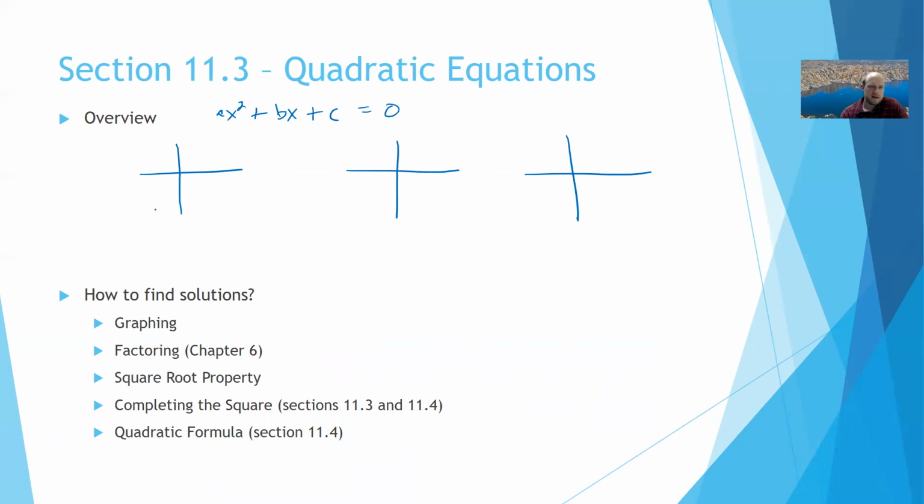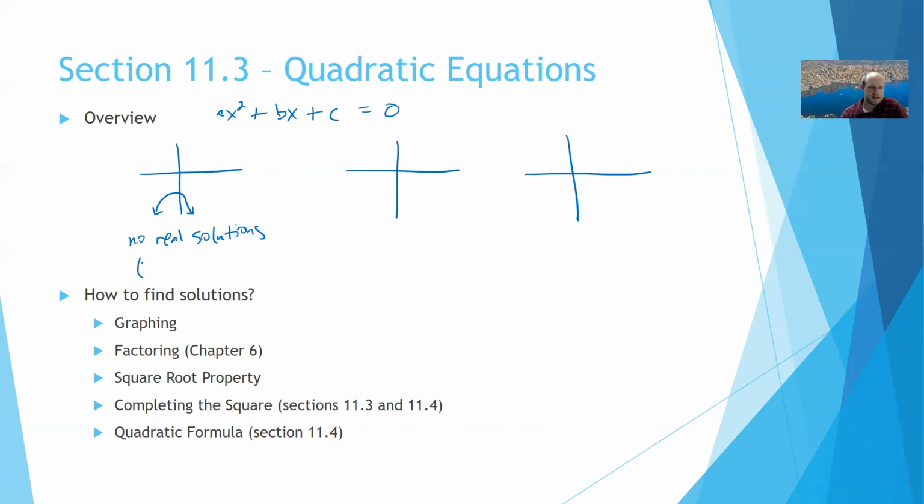And we said, let's say we have an equation that looks something like this. So this is the actual graph of a parabola. This is going to have no real solutions. And why is that? It's because this parabola does not intersect the x-axis at all.